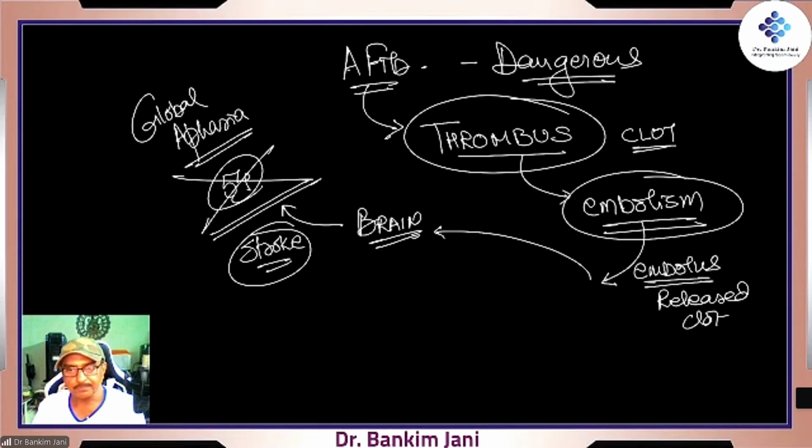In stroke, which part of the brain would be affected? No one knows. So that's why it happened to these areas. What if it reaches the cerebrum? Then half of the body is paralyzed.